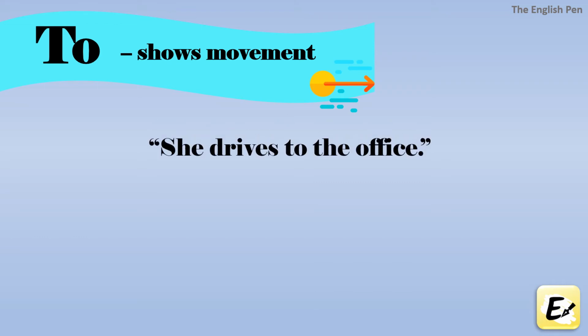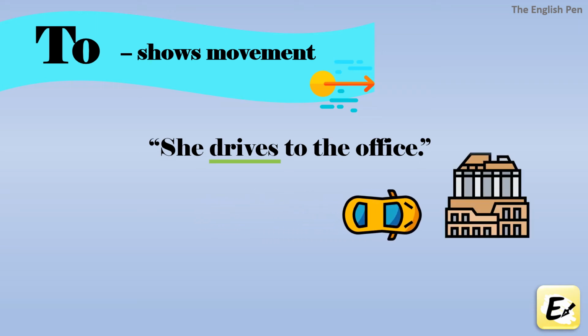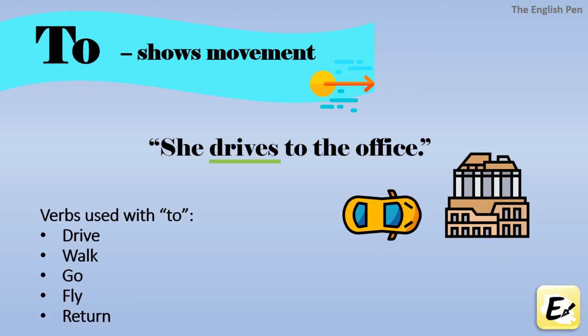She drives to the office. The verb drives shows that she, the subject, is going to a specific place. She is not staying in one place. She's moving. So to is used with movement. Verbs that are usually used with to include drive, walk, go, fly, return, and so on.